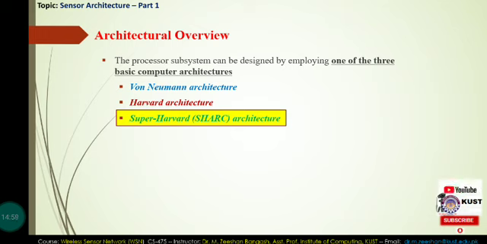This Super Harvard architecture is the next generation of processor architecture, and it's best known by the word SHARC, shark. It's again an extension of the Harvard system, and it has two additional components compared to its predecessors, and it provides an alternative for accessing IO devices from within the subsystem.